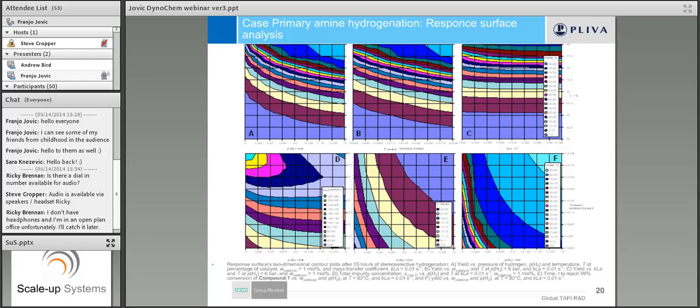Basically, you want the yield as high as possible and impurity as low as possible. And if you have these response surface plots, you can basically design your process, and you can have some kind of idea of the control strategy of your process.